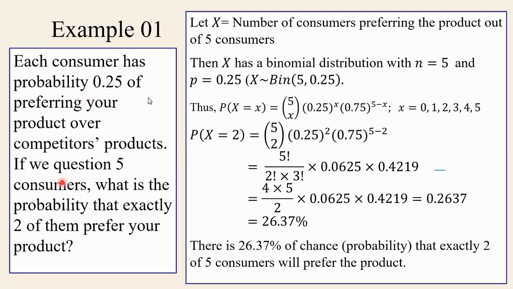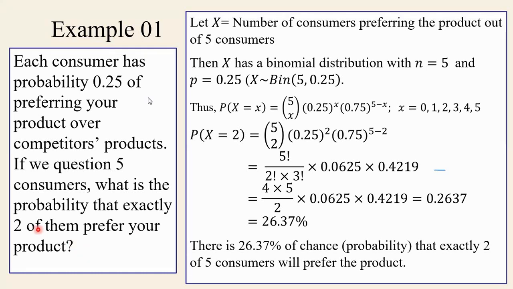Now, we are taking 5 consumers and we are interested in finding the probability that exactly 2 of 5 customers prefer the product.